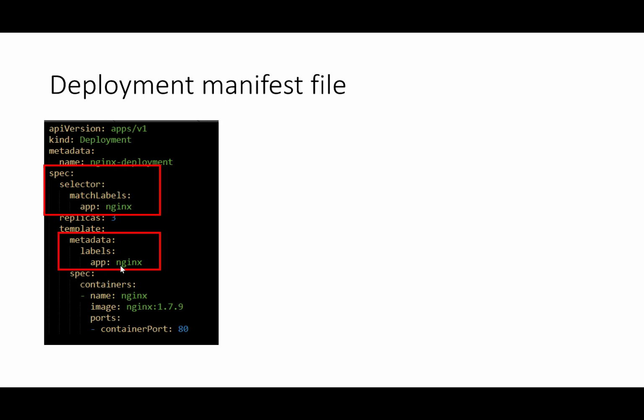You can have additional labels, for example, key as release and value as stable. So why do we use labels? Basically, it's a way of having some kind of organization structure into objects, but in a loosely coupled fashion. Labels are used to organize and select a subset of Kubernetes objects.